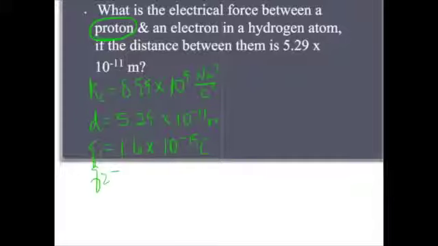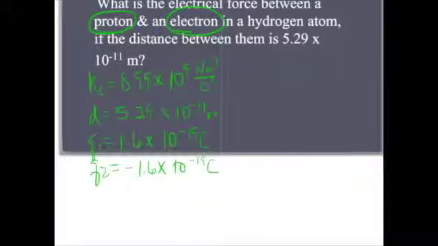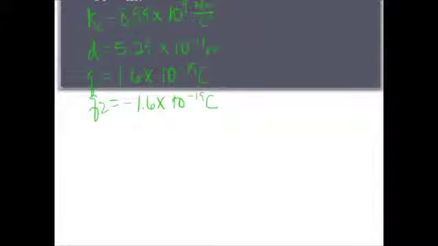We know the value of Q2, since it's an electron, is negative 1.6 times 10 to the minus 19 coulombs.